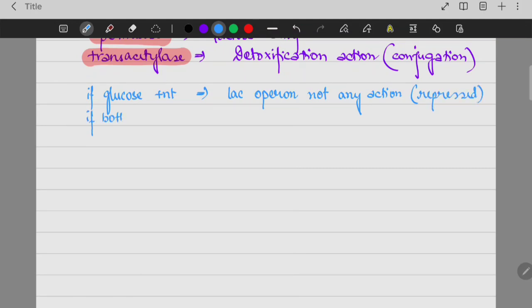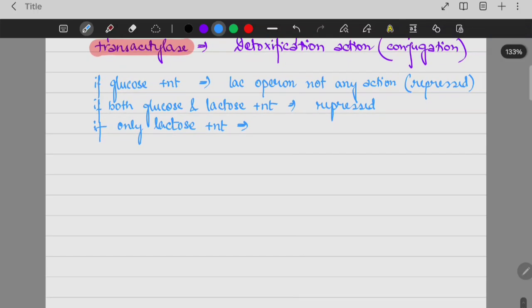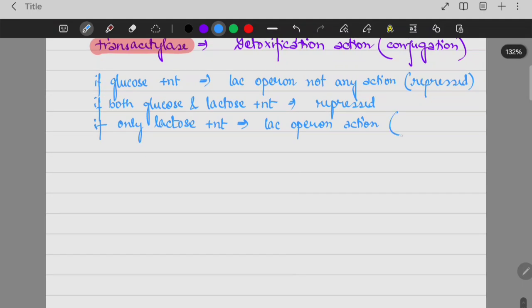If both glucose and lactose are present, again repressed, and if only lactose is present, then lac operon induced. So these are the 3 situations we are getting, and after that the lac operon action we are seeing.